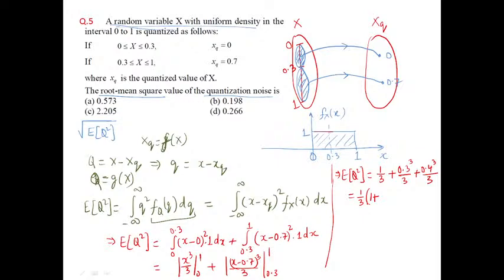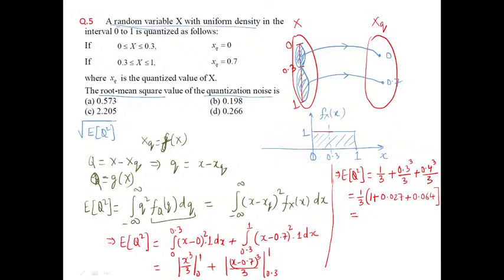Simply calculate it. 0.3 into 0.3 is 0.09 into 0.3 is 0.027, and 0.4 into 0.4 is 0.16 into 0.4 is 0.064.